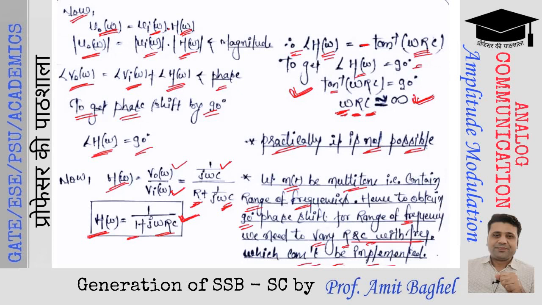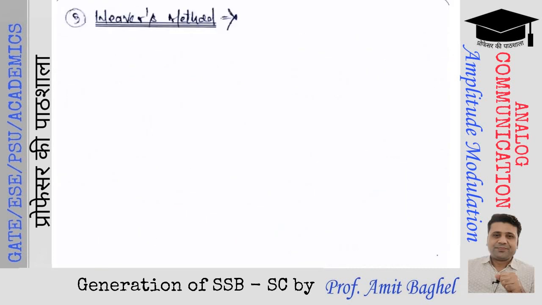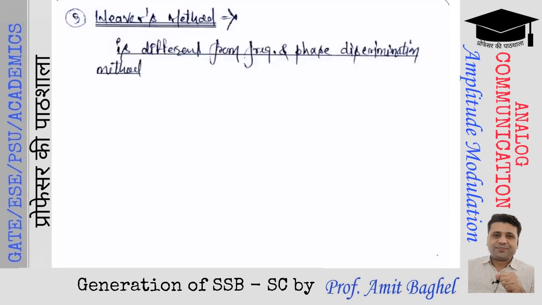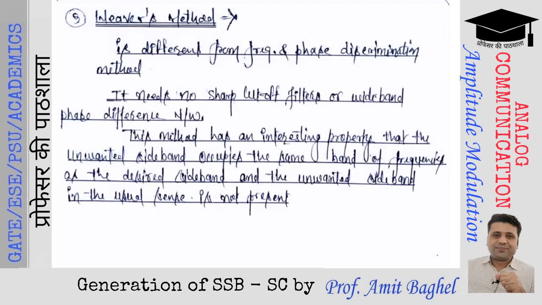Right? Okay. So this is the discussion about the phase discrimination method. The last method of SSBSC generation is Weaver's method. Weaver's method is different from the frequency and phase discrimination methods, different from both.